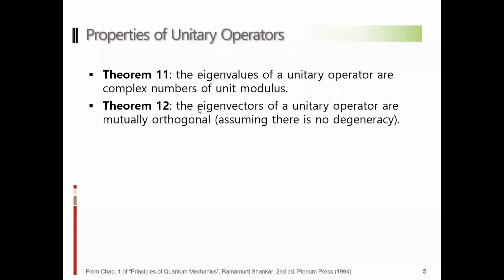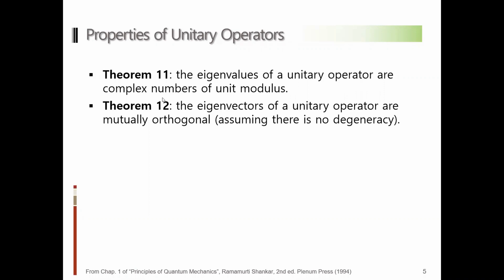Another important type of linear operator is the unitary operator. And there are two important properties of the unitary operator. The first thing is that the eigenvalues of the unitary operator are generally complex numbers, and the absolute value of that complex number should be 1.